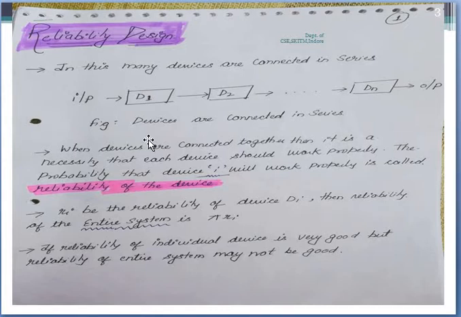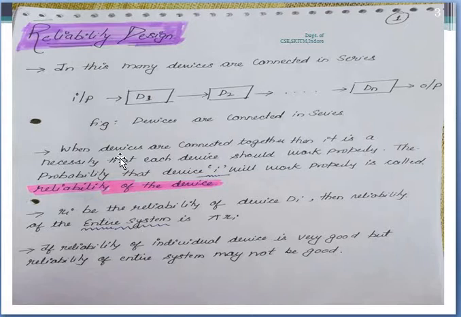Here we consider a system in which many devices are connected in series. The devices 1 to n are connected in series. In simple words, the input we give to device 1, the output of device 1 is given as the input to another device, and like that, and at last we get some output.